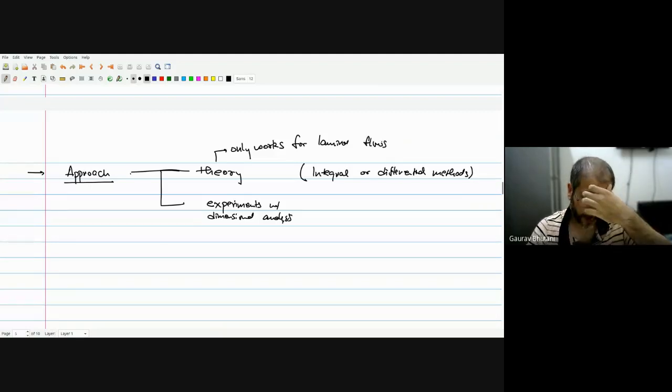And when the flow becomes turbulent, then we'll discuss this again later, that we cannot solve, or it becomes extremely difficult, if at all possible, to use these theoretical ideas. So we have to depend on the experiments to be able to approach problems which have turbulent flow in pipes.